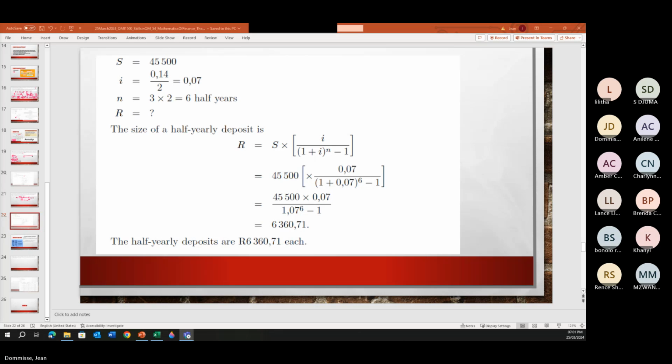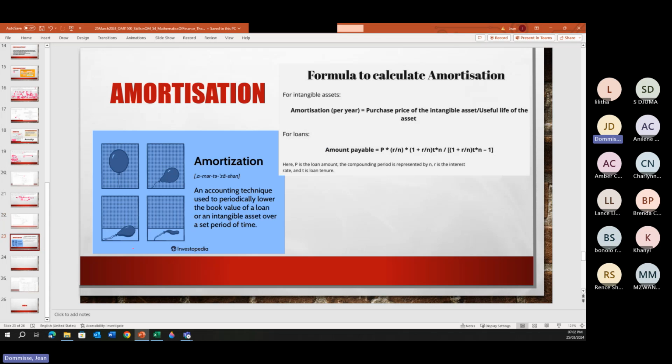Okay, so getting to the last part of the financial calculations, and it is on amortization. So again, also a big word.